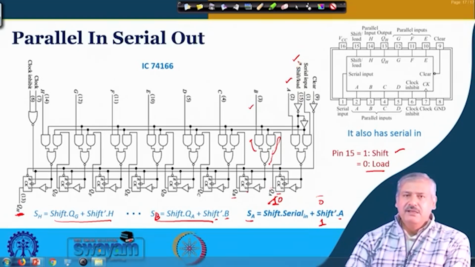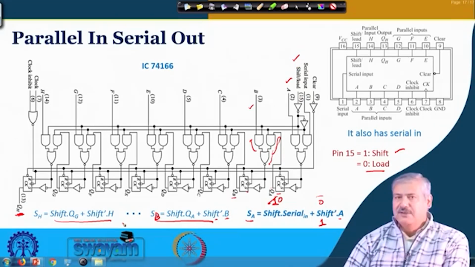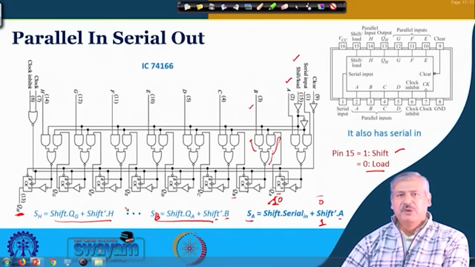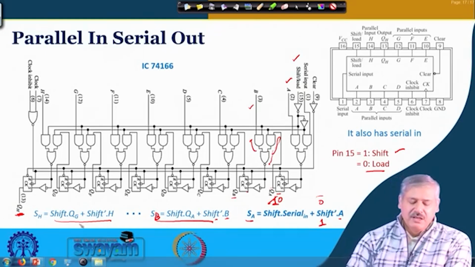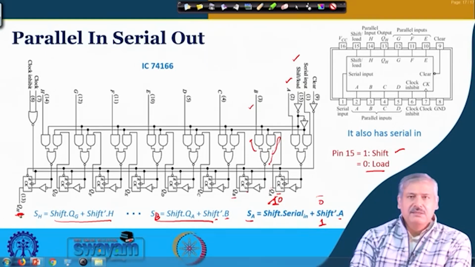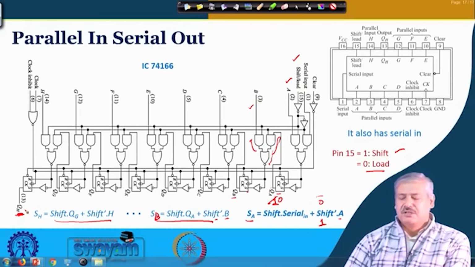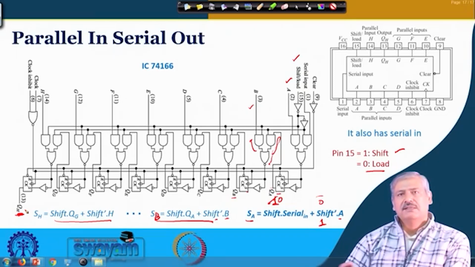Then for reading it, since there is no parallel out available, because there are 8 flip flops, you would require another 8 output pins, which is not there. So, you have to read it from here by triggering the clock, which as such will be destructive, but if you have a feedback and other mechanism that we discussed before, then there can be a non-destructive reading. Is it fine?